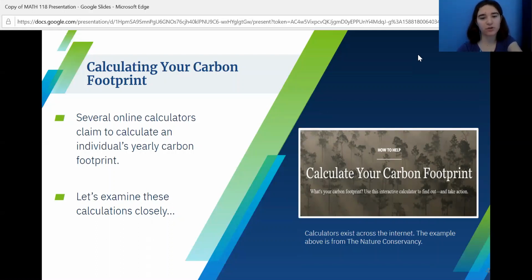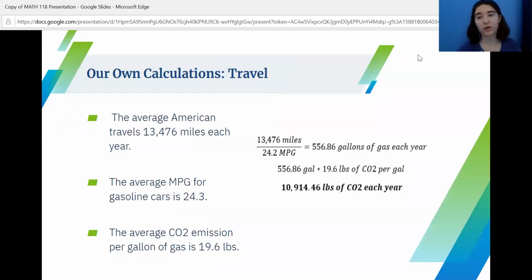But the idea behind our project was to examine these figures more closely and figure out what kind of changes you can make in your life to help reduce your footprint. So we broke that up into three categories. The first category was travel, and then home use, and then food consumption, like the most basic categories we could figure.